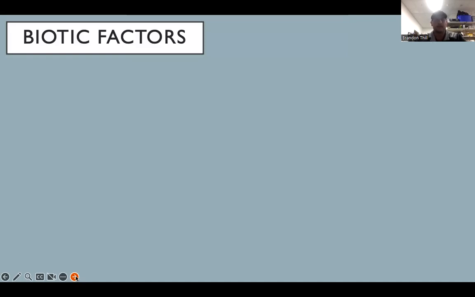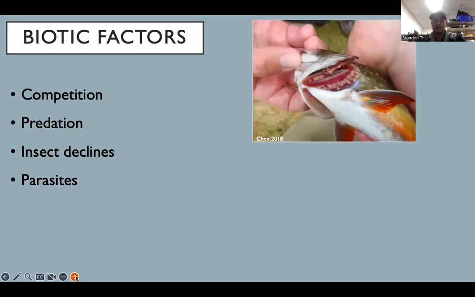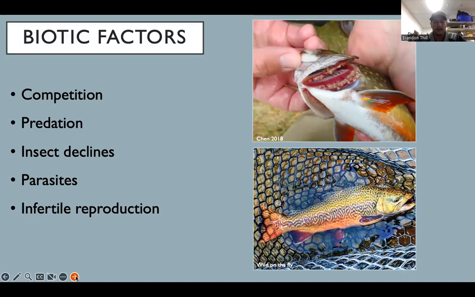Some biotic factors include competition in and amongst species of fish, predation by other fish or maybe terrestrial organisms, insect declines or a decline in food availability, parasites like these gill lice, which inhabit the gills of the brook trout, ultimately suffocating them and causing them to die, and infertile reproduction like this tiger trout here, which in itself is not able to reproduce and pass on genes.